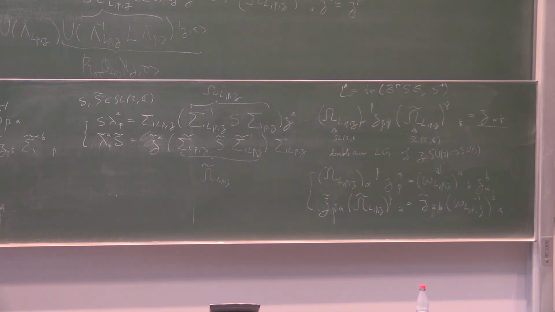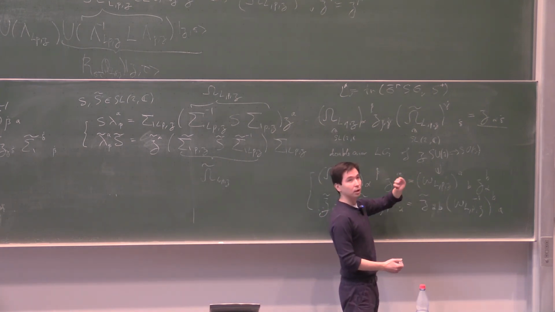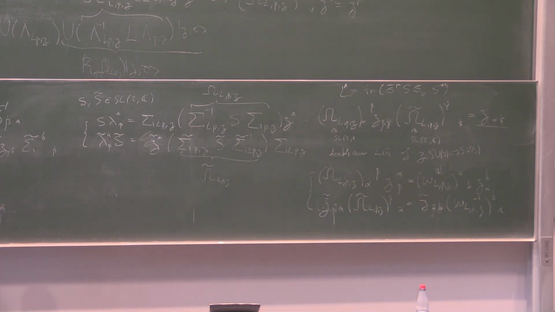Oh, sorry. Yeah, I just used something illegal. I haven't said that, but of course, if those are SU2 matrices, and these indices are two-dimensional SU2 indices, then we naturally have a Levi-Civita bilinear form again.